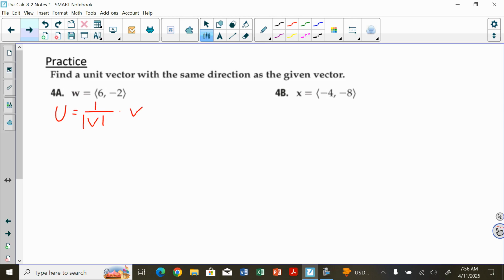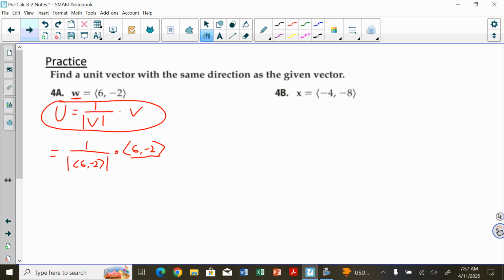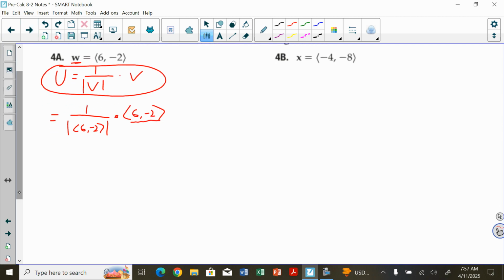Well, in this case, it's w, the vector, right? So w is what you're using. So we're going to go 1 over the magnitude of <6, -2>, and then later we'll multiply it by <6, -2>. The reason I do it like this is because it helps avoid confusion. Later on, you can just use this part of the vector and multiply it, and you'll get your coordinates.